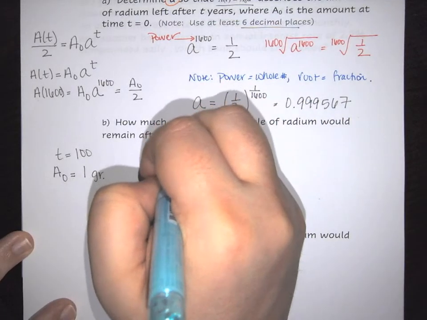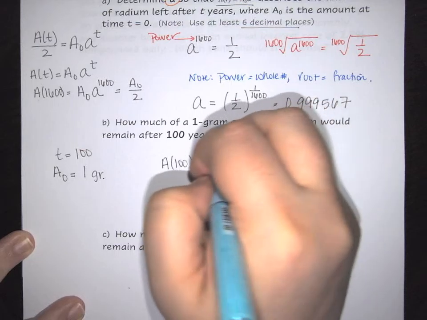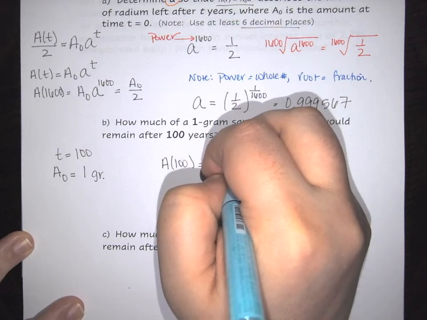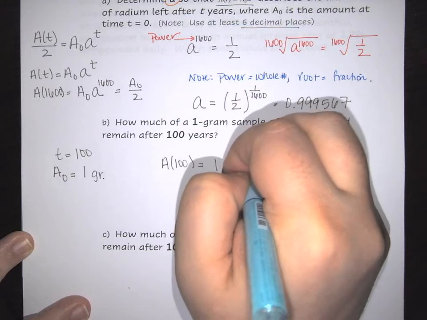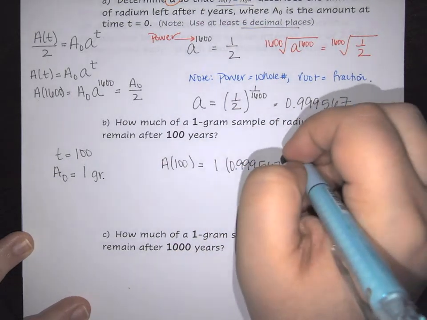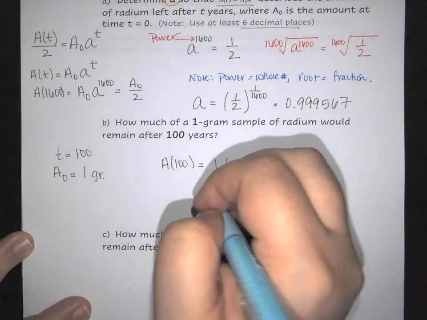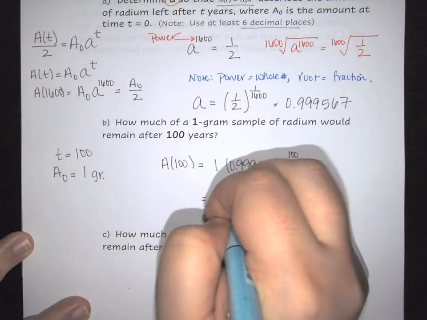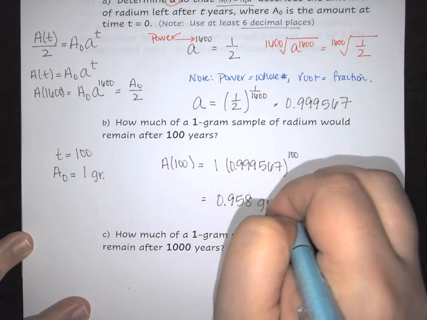So we would have A of 100 is equal to my 1 gram times my A value, 0.999567, raised to the 100. So in this case, what we have left is 0.958 grams.